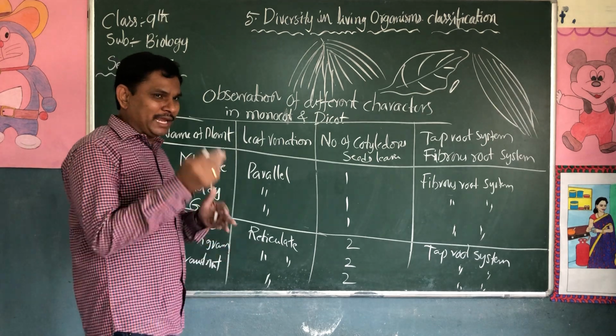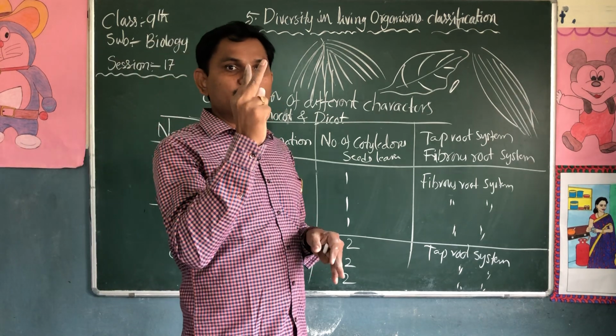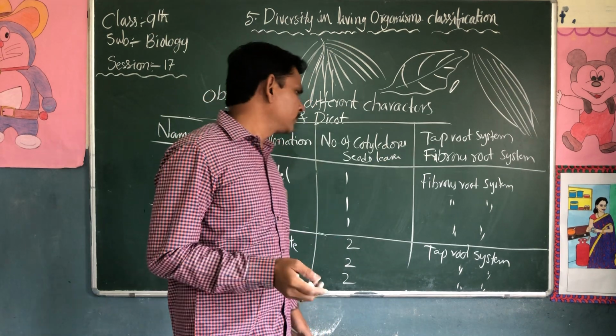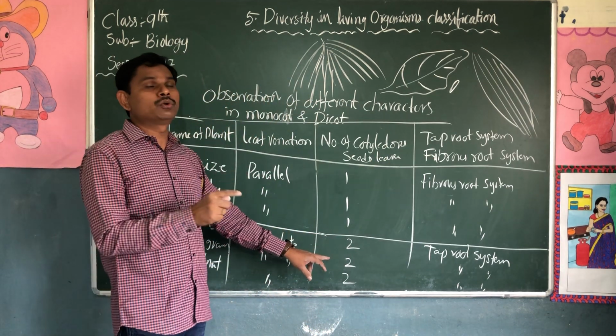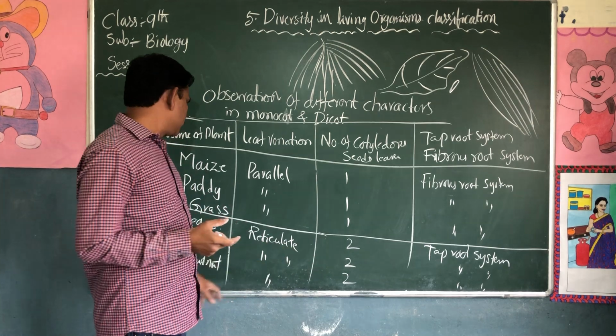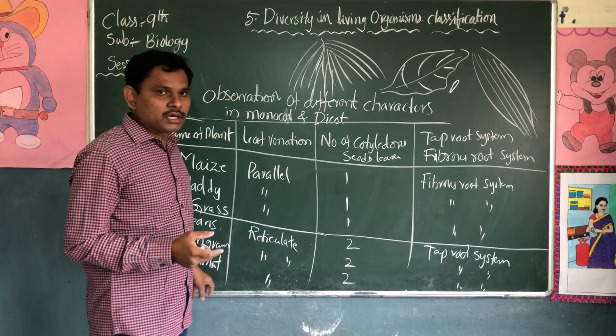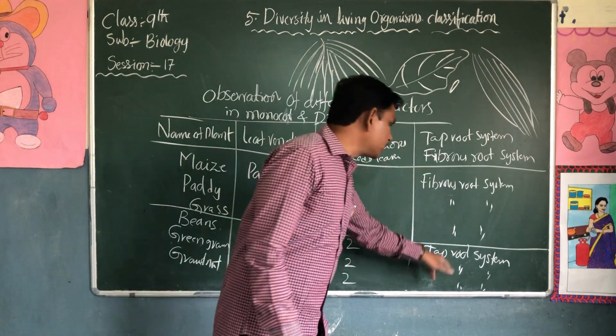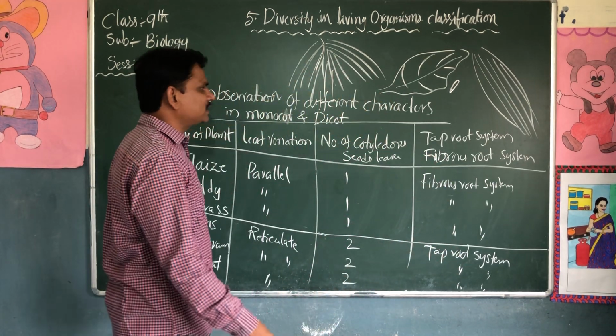When you break beans, we can see two cotyledons; it breaks into exactly two equal halves. So they have two cotyledons, two seed leaves. In groundnut also we can see two cotyledons. Their root system is a taproot system.